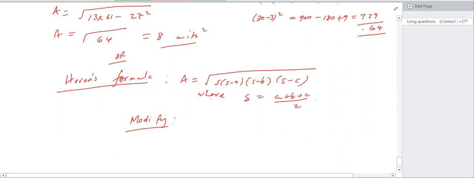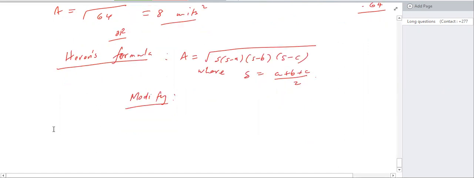Right. So I'm going to write down area is equal to, just changing the color of the pen. So you can write down these things. What's S? S is A plus B plus C over 2, let us simplify this inside the square root.